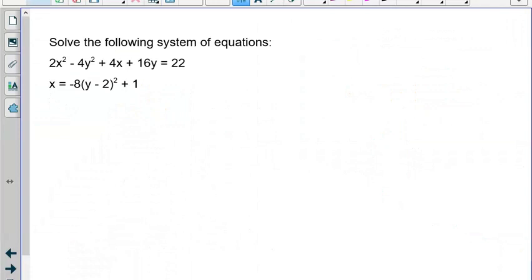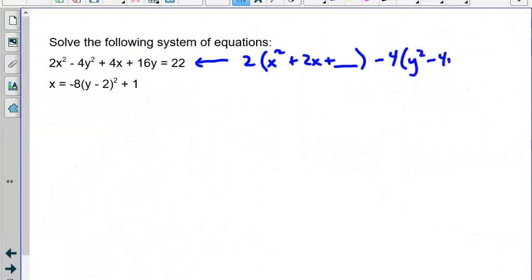So what I would probably do is I would write the top one as 2 times (x² + 2x + blank) minus 4 times (y² − 4y + blank), and that equals 22.